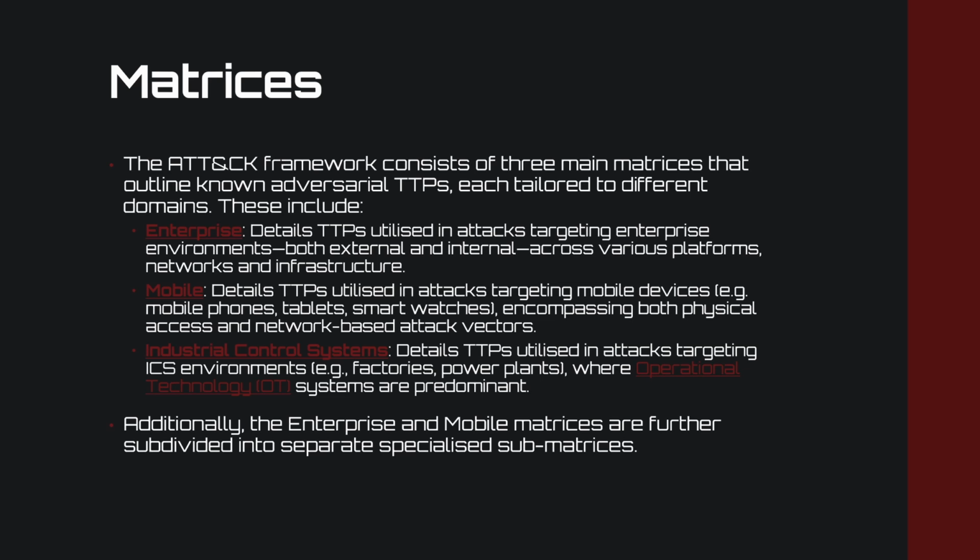You've got the mobile matrix, which is more of attacks targeting mobile devices. And you've also got the industrial control systems matrix, which details the TTPs used in operational technology systems. Additionally, the enterprise and mobile matrices are further subdivided into specialized sub-matrices, which essentially offer a hierarchy of particular technologies.